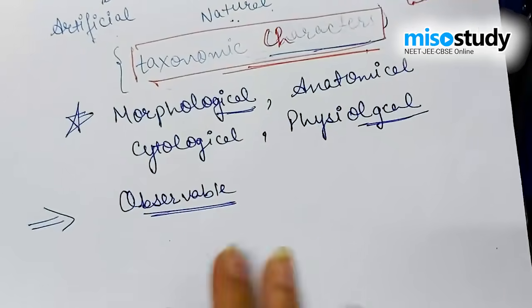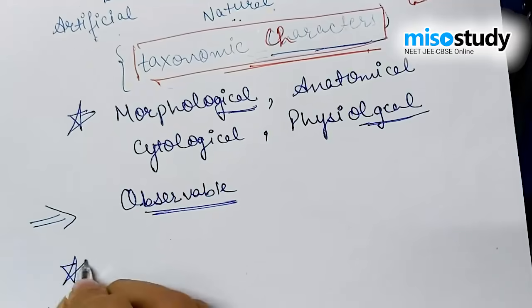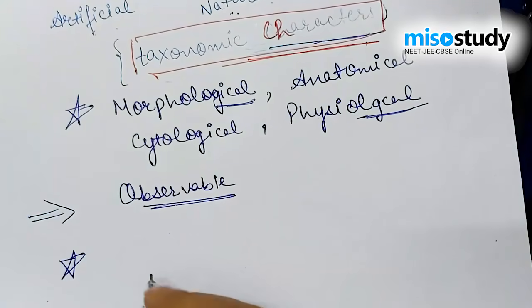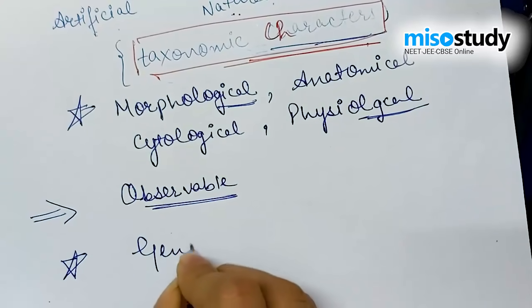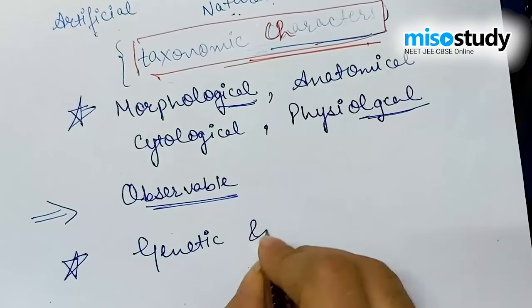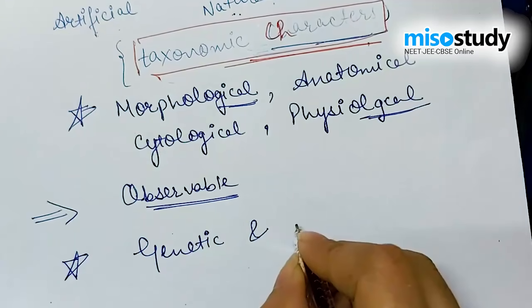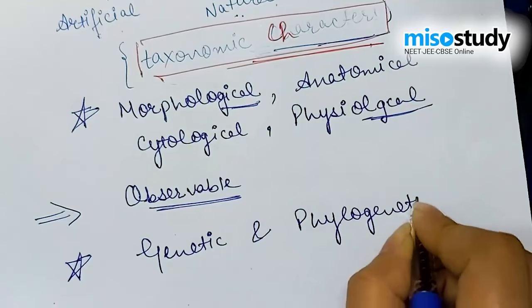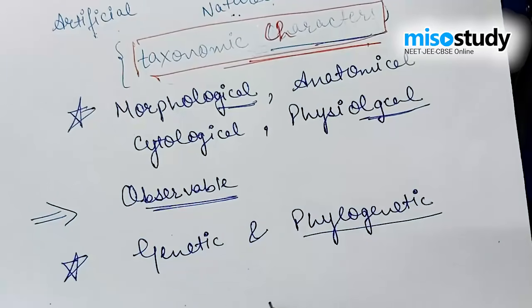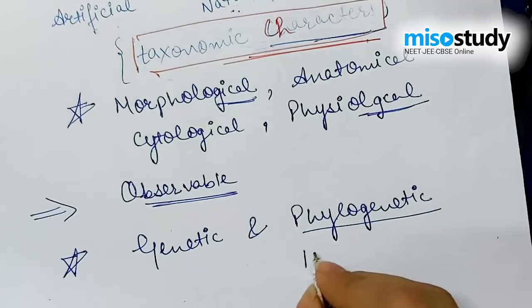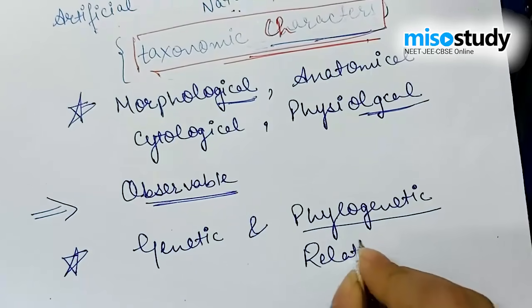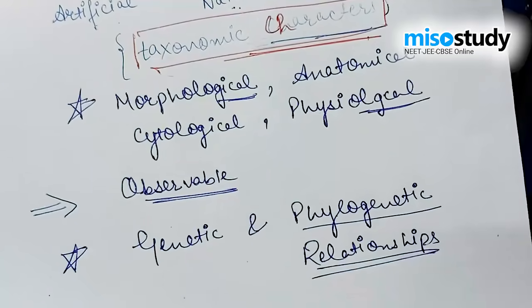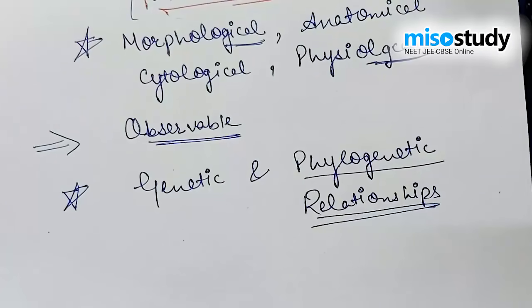The next is the phylogenetic system of classification, which is on the basis of genetic and phylogenetic relationships of an organism.